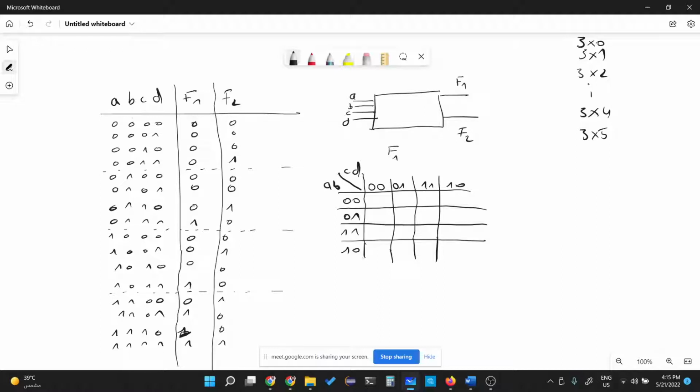We'll see. So F1: 0 0 0 0, then 0 0 0 1, and then we jump on line, 0 0 0 1 and then 0 1 1 1.